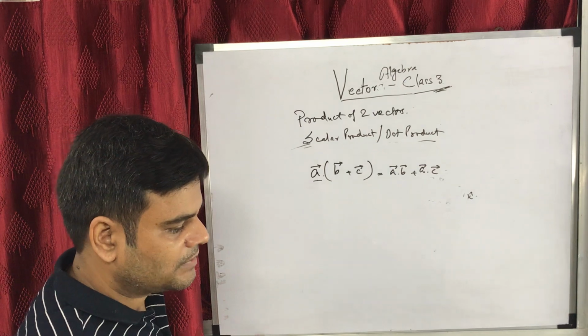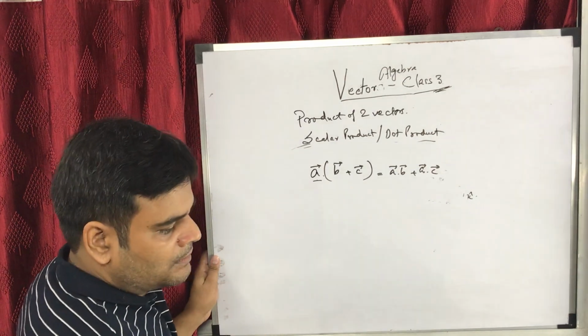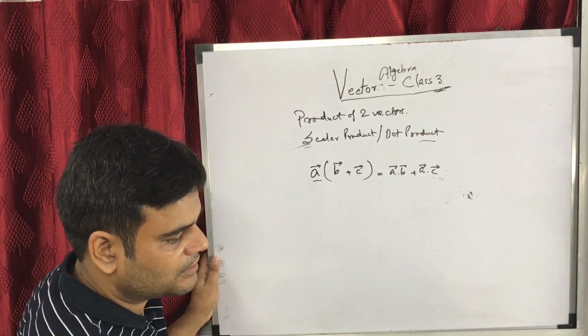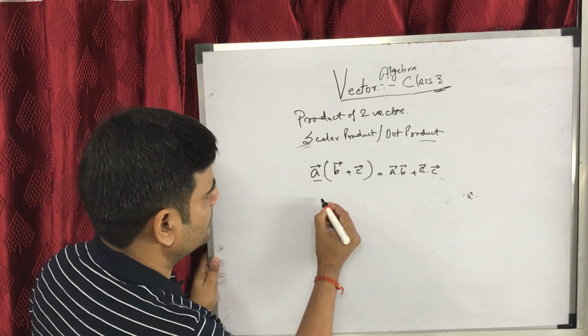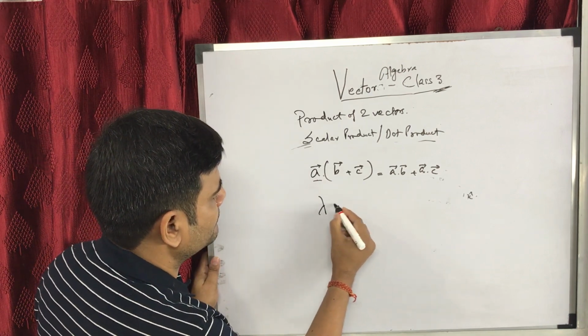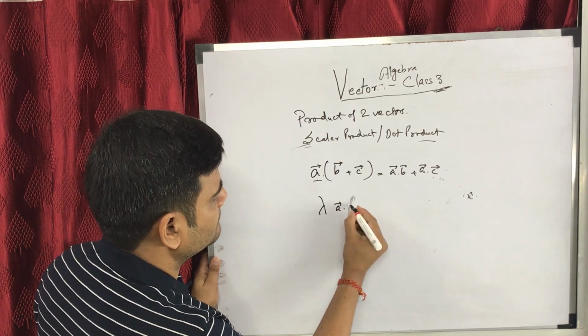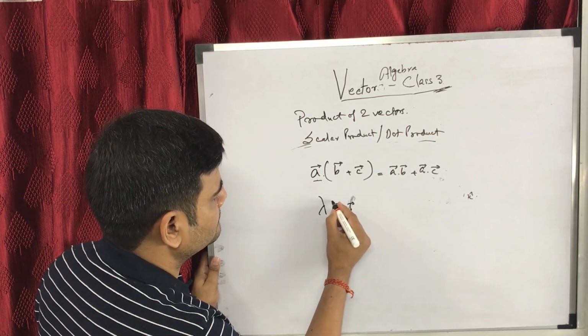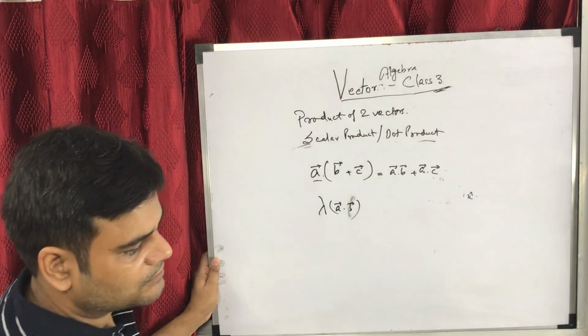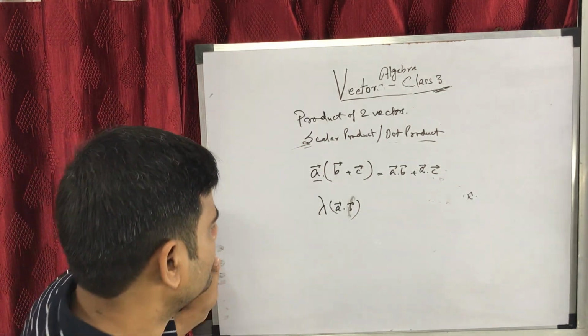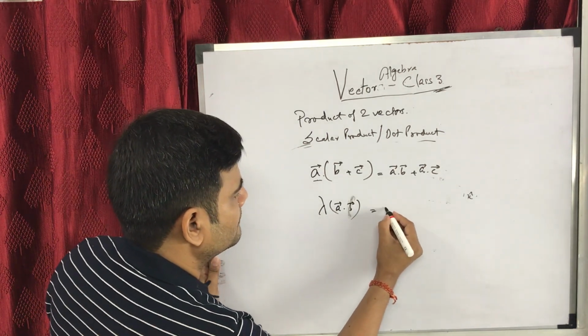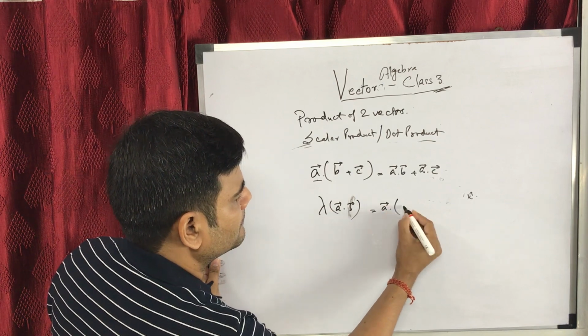And if you multiply lambda with the dot product of A and B, you can very well bring lambda here.